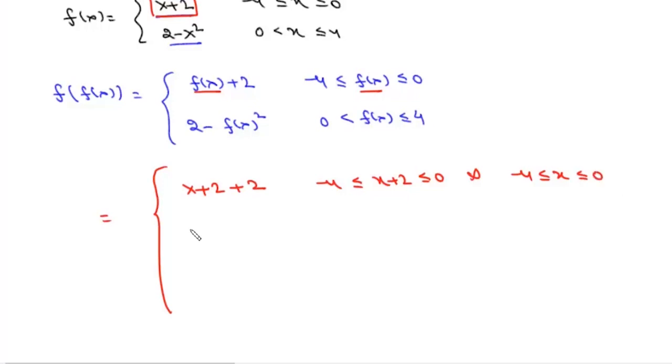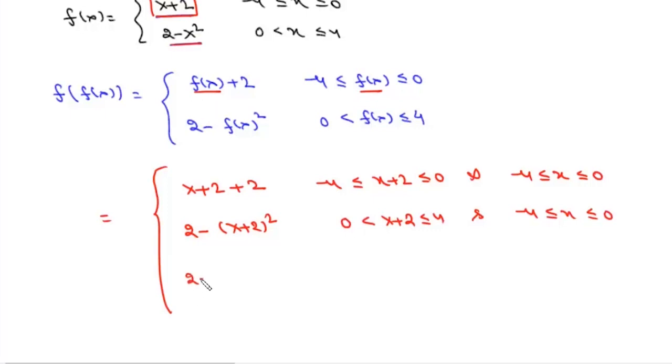And the next one is 2 minus x plus 2 square when x plus 2 lies between 0 and 4, and again it is true when x lies between minus 4 and 0.